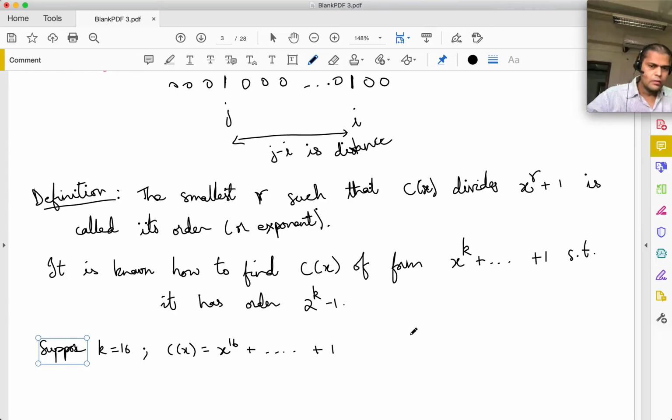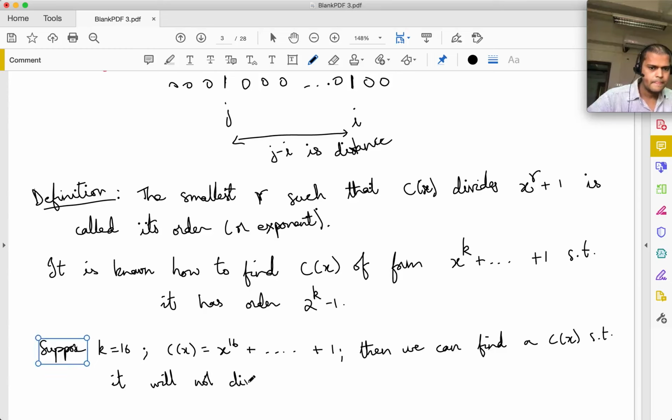Then we can find a c of x such that it will not divide x to the power of p plus 1 for p less than 2 to the power of 16 minus 1.